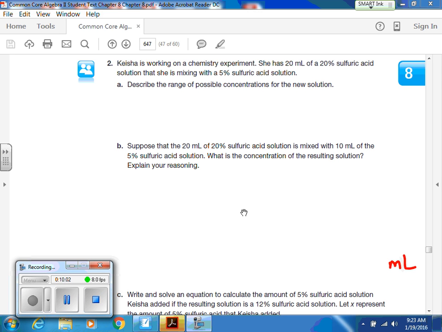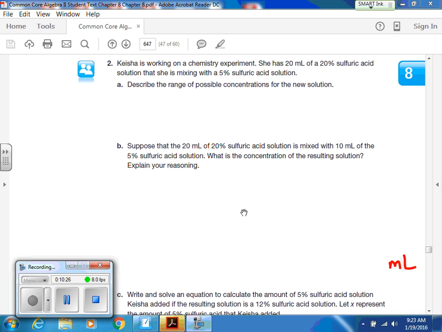So now think of that right here. This one has some amount, and 5% of it is sulfuric acid. This one has some amount, and 20% of it is sulfuric acid. If I mix the two together, what's going to happen?